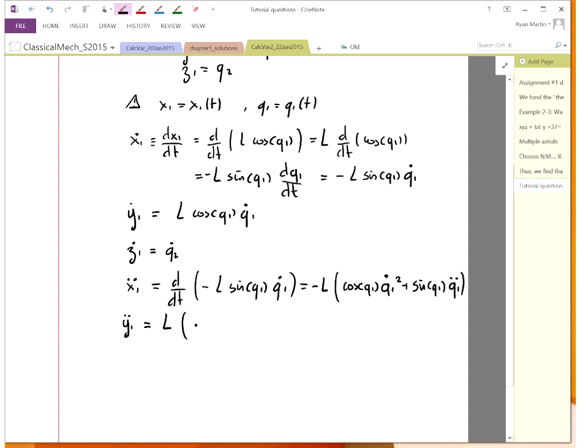So the derivative of cos of q1 is minus sine q1 dot, and that's got to multiply q1 dot, so there's a q1 dot squared. And then the second term is plus cos of q1, and then we have a q1 double dot.